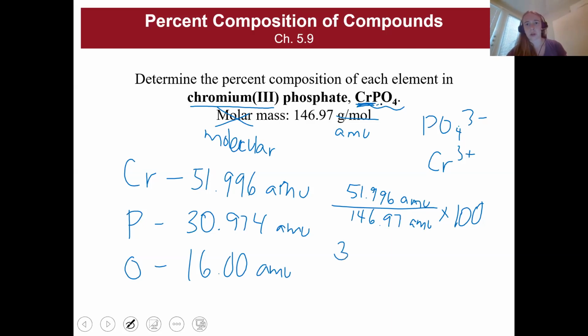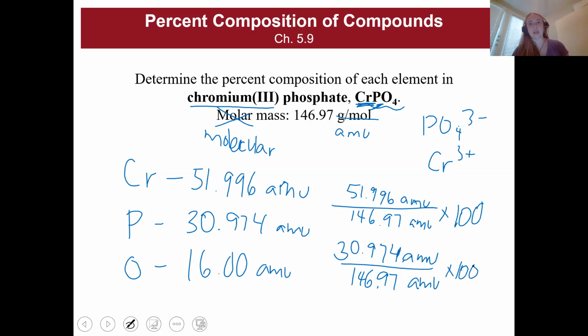So there's 1 phosphorus. So we're going to do the same thing. We don't need to multiply by 1 because we'll get the same thing. So 30.974 AMUs divided by 146.97 AMUs times 100.